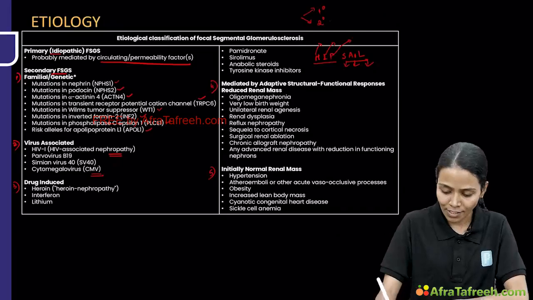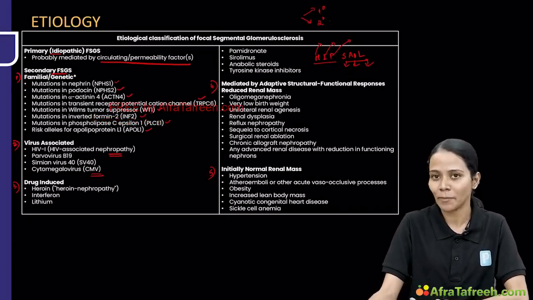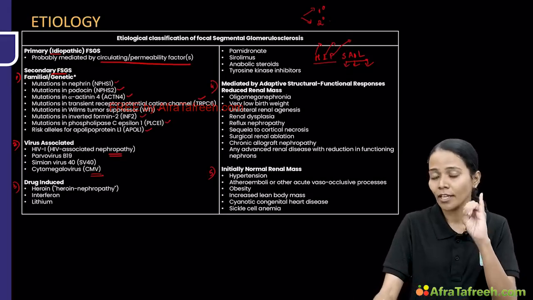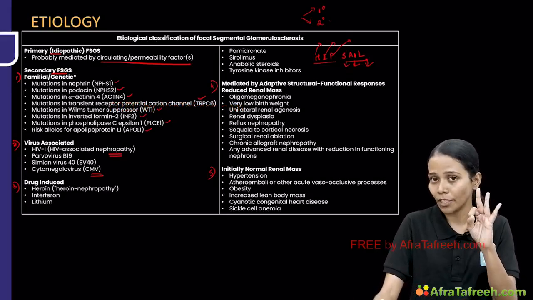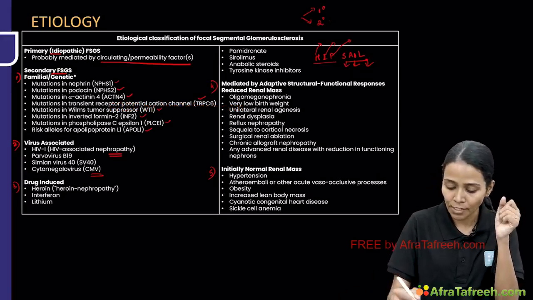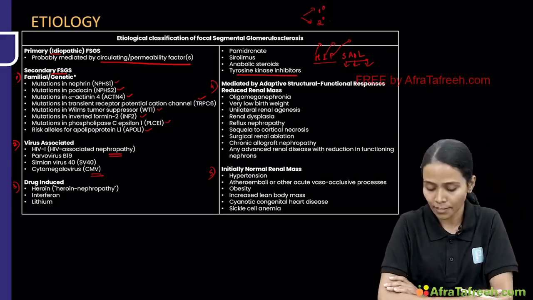Okay. So this is the mnemonic I used to use. I know it doesn't make much sense, but I had revised it many times so that I remembered the mnemonic also. So if you would like to, you can use this mnemonic to remember. That is HIPSAL: heroin, interferon, pamidronate, sirolimus, anabolic steroid, and lithium. Apart from this, tyrosine kinase inhibitors are also used. So these are the drugs.